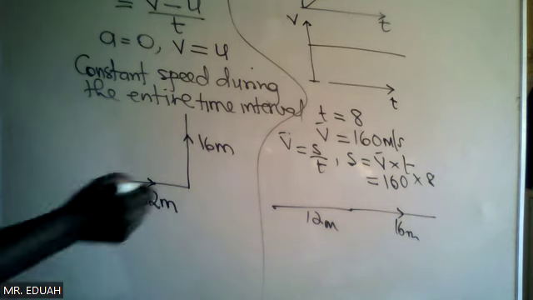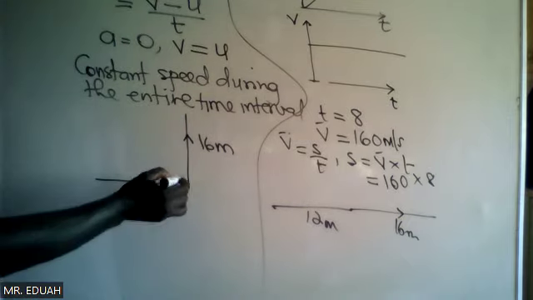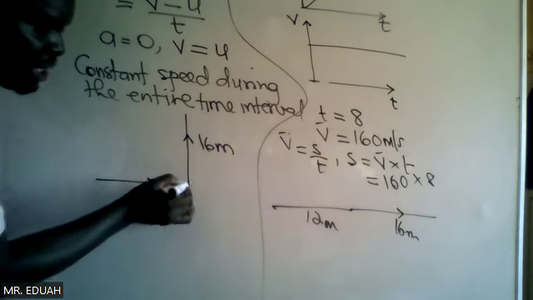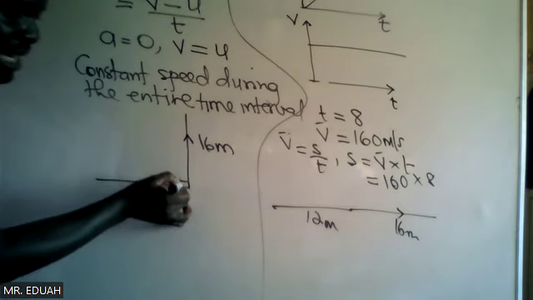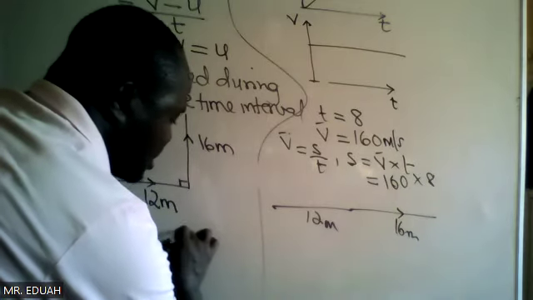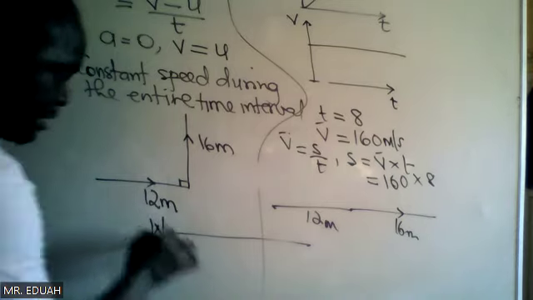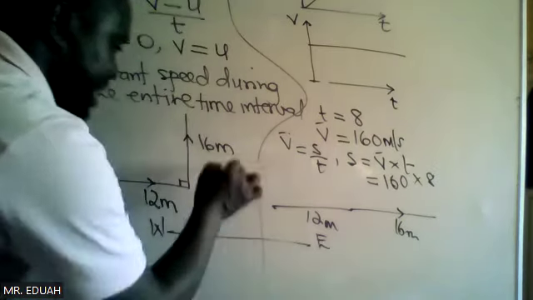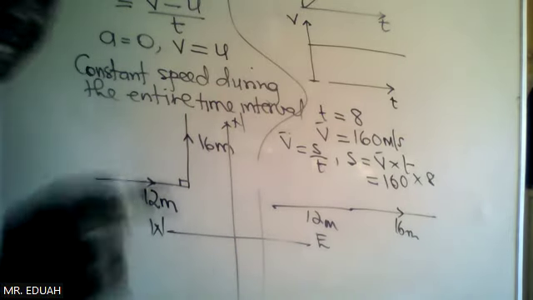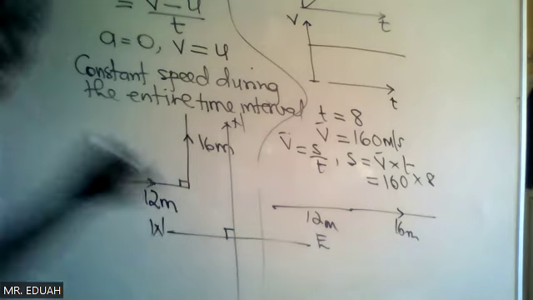Once they are along two planes, horizontal and vertical, it means the angle between the two displacements must be 90 degrees, because if this is the horizontal plane, west, east, and then the vertical plane north, south, the angle between these two planes is 90.